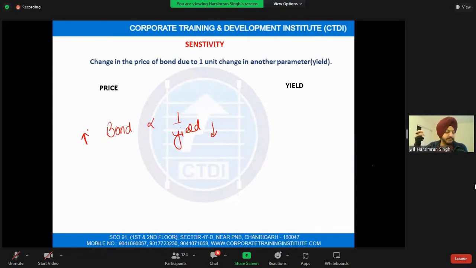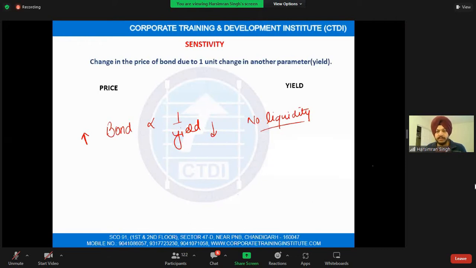But there can be other factors also. Suppose there is no liquidity in the market. It is some useless company who has issued the bonds. Now I have bought the bonds of some ABC company.